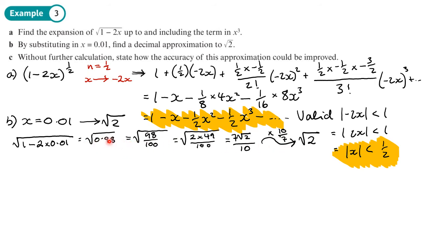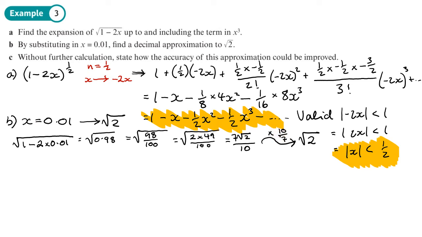It just sort of comes with practice. 98 is 2 times 49. Here I've got square numbers. So all of that, if I square root it, becomes 7 root 2 over 10. That's the number I want. So if I times this by 10 over 7, I get square root 2. In other words, if I times the number that I get out of putting this number in by 10 over 7, I get my estimate for the square root of 2.